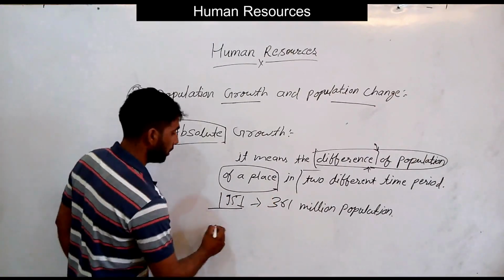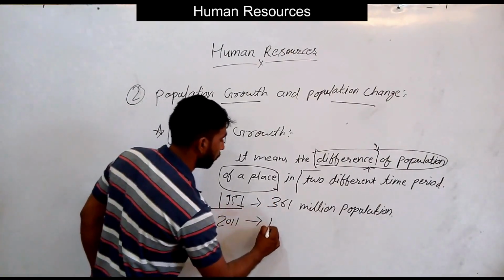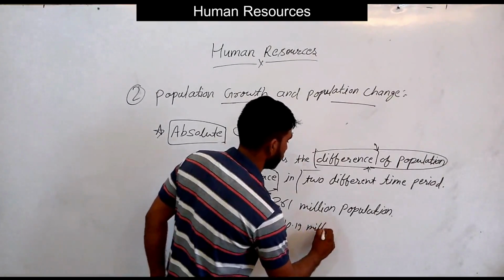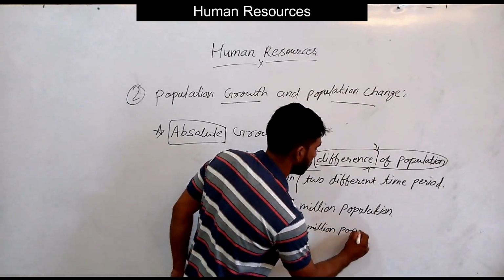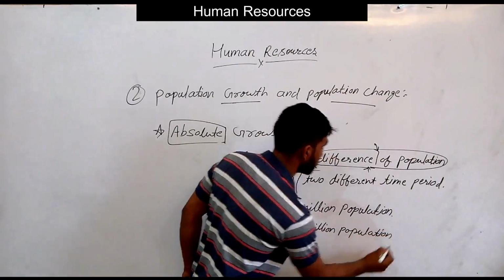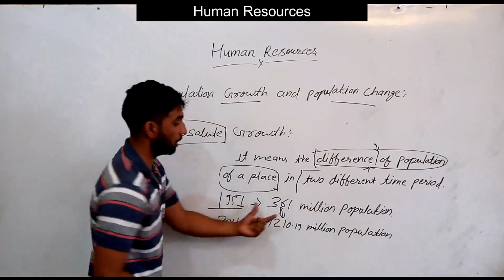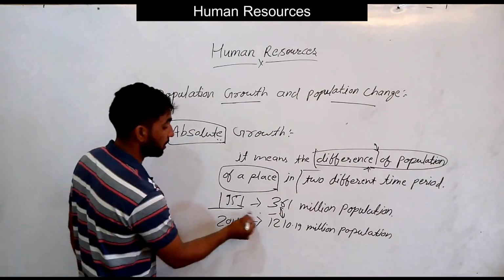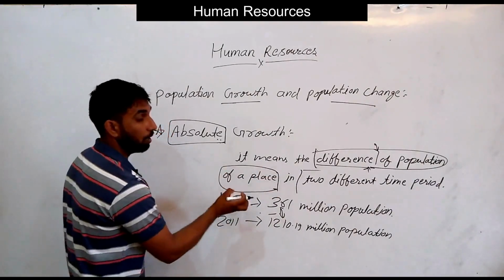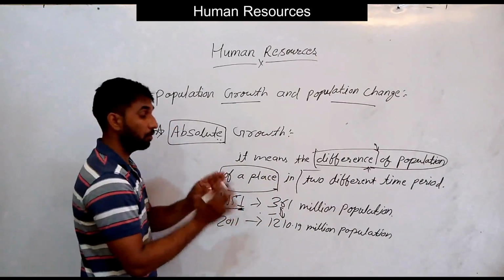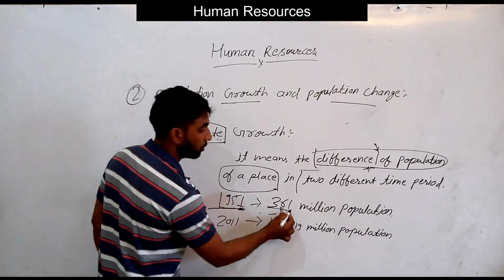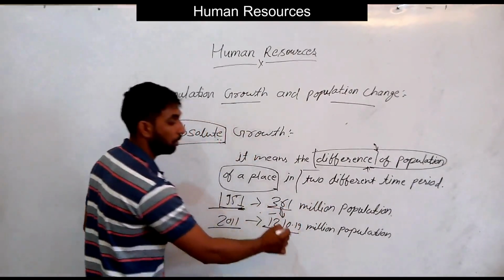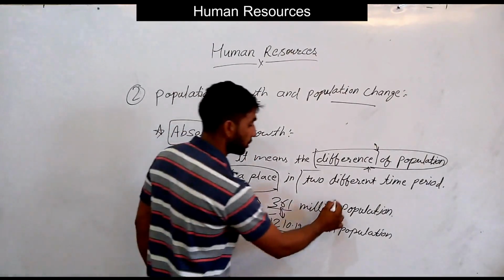In the 2011 census, we have 121.19 million, which is 1,210 million. This will be the difference in terms of absolute growth. So we calculate absolute growth as the difference of the population of a particular place in different time periods. In 1951 we have 361 million population, and in 2011, 1,210 million population.